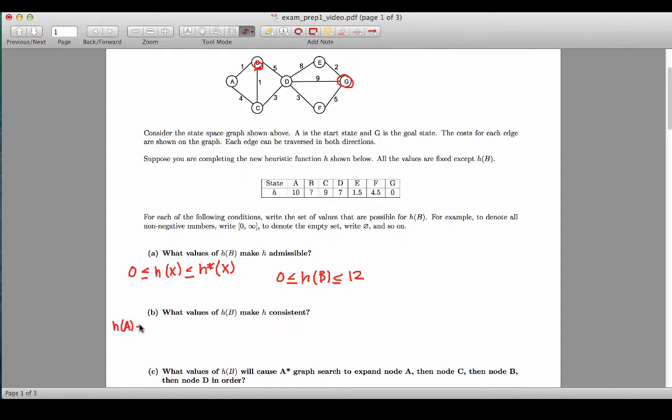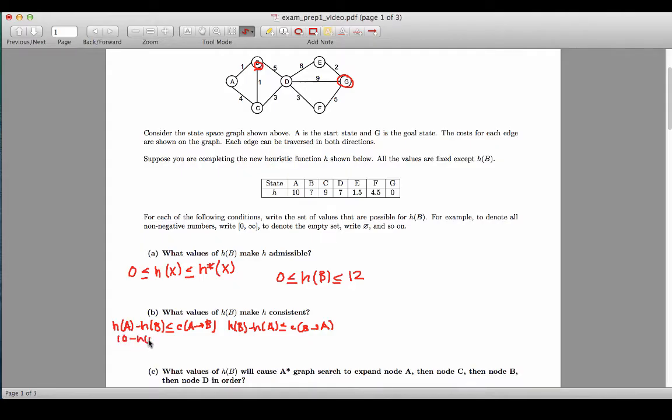If we have h of a minus h of b, that should be less than or equal to the cost from a to b. And similarly, since each edge can be traversed in both directions, we also know that h of b minus h of a should be less than or equal to the cost from b to a. So in this case, h of a is equal to 10.